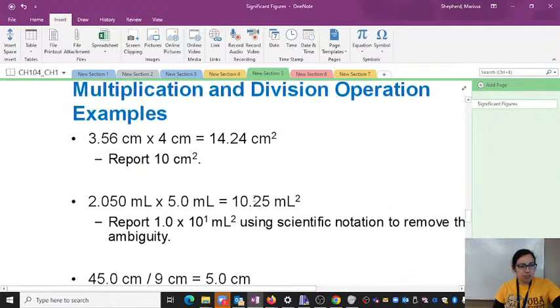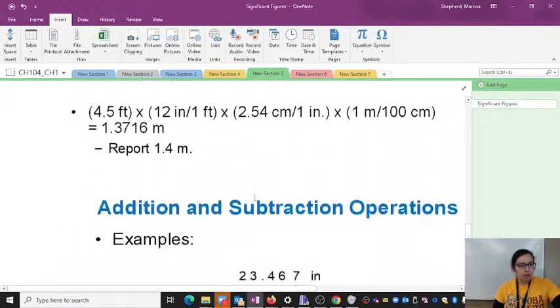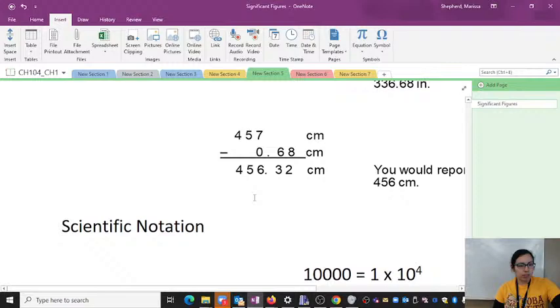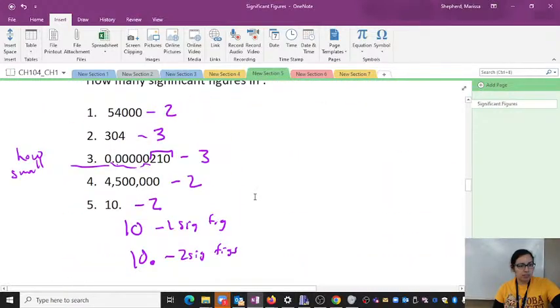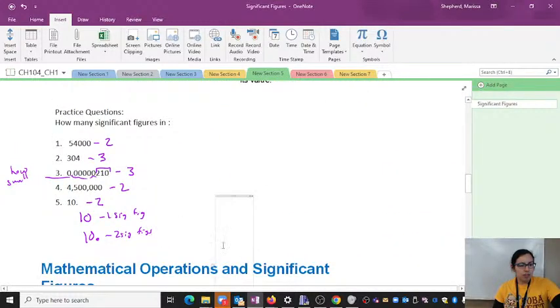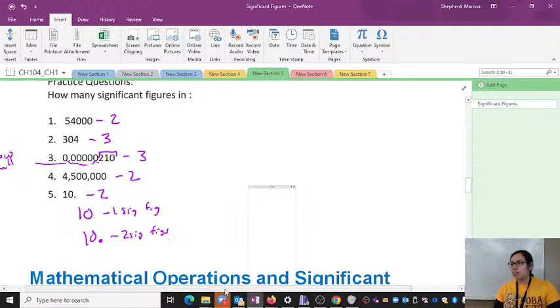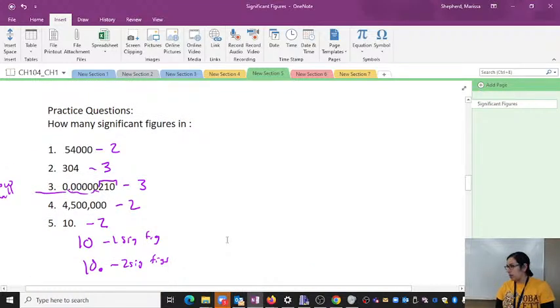Now, sorry, let me jump around for a second. Are you all familiar with scientific notation? Yes, no, kind of. We can review scientific notation more, but basically if you can rewrite the number in scientific notation and get rid of the zeros, that also helps you.